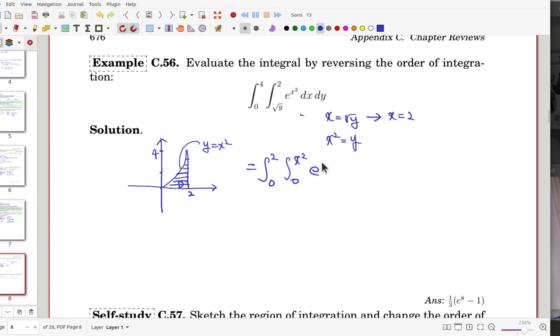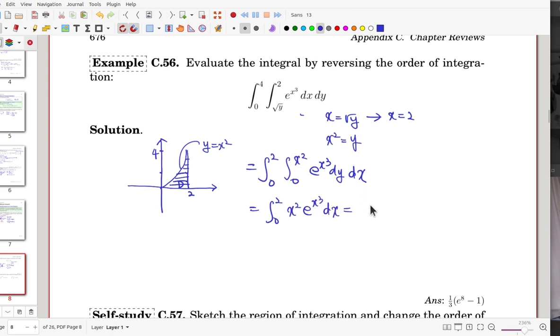Now, there is e to the x cubed in the y direction, the inner integral, and the outer integral. Okay, this is y independent, so we can get it immediately: the integral from 0 to 2 of x squared e to the x cubed dx.